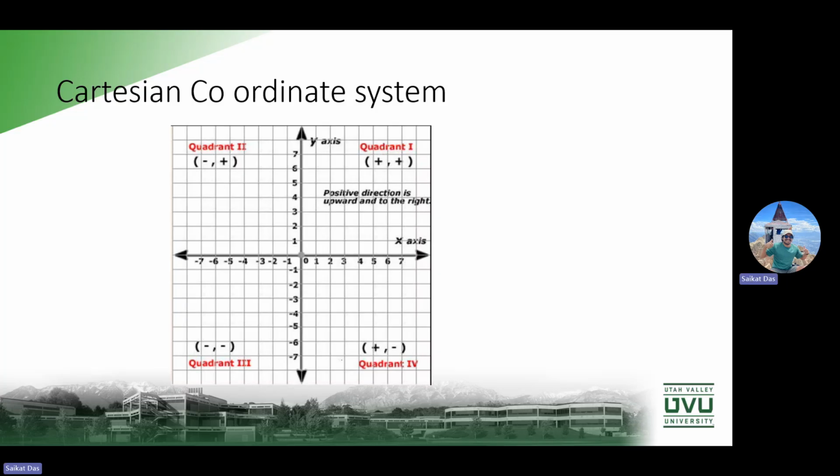Let me draw this. This is our 0, 0 point. And this is upward, maybe 1 unit up. What would be the point for this one? 0, 1.